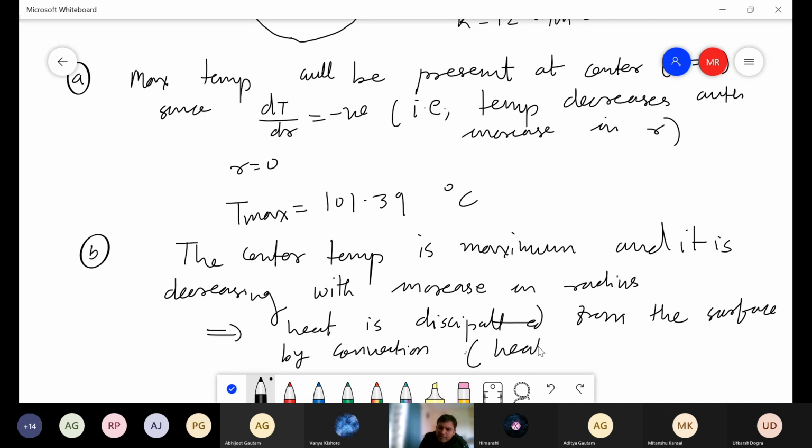So that means what? Heat loss is there, isn't it? Heat loss from the sphere. And if there is a continuous heat loss from the sphere, that means what?